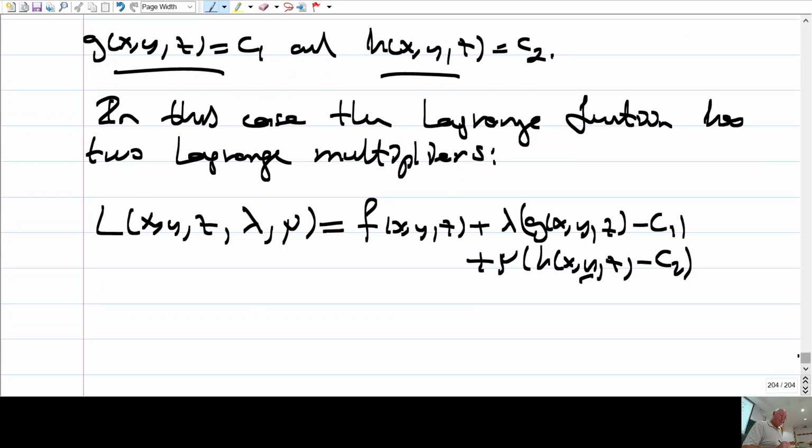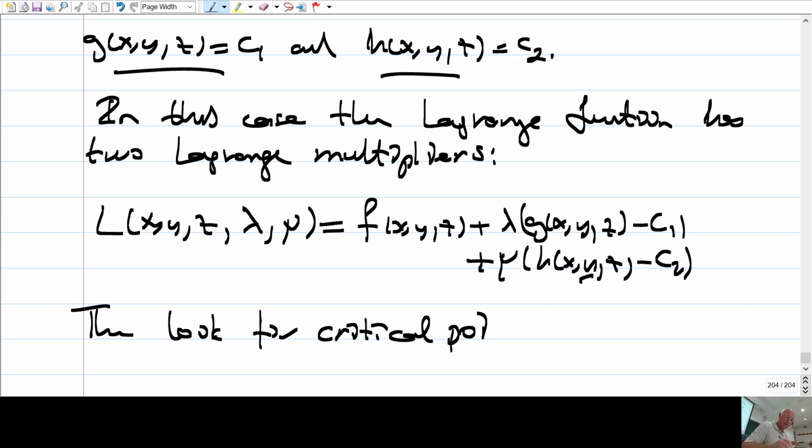Okay? So the rest is the same. I mean, you do the same thing, but this time then look for critical points of L of x, y, z, lambda, mu. So we have 5 variables, okay?